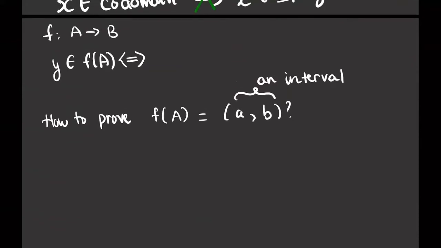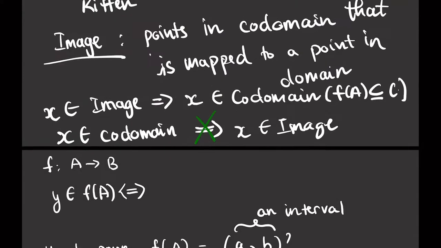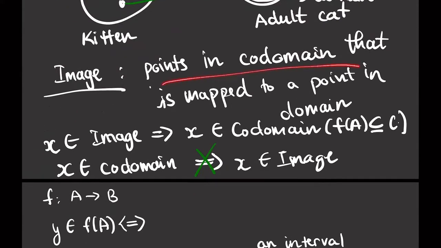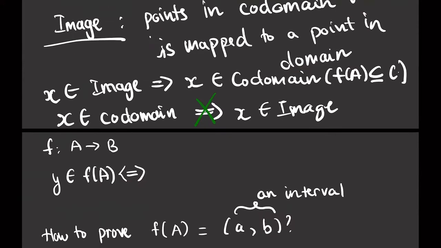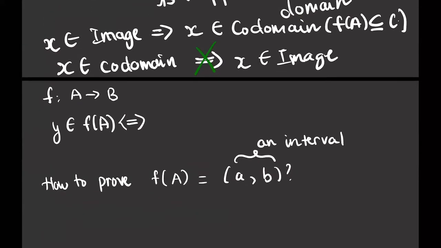So something that really helps us in the proof is we write the definition of something belonging to the image. So here I say the image consists of points in the codomain that are mapped to a point in the domain. If we translate it into more notation, we can say f is a function with domain A. This one is the domain, and this one is the codomain.